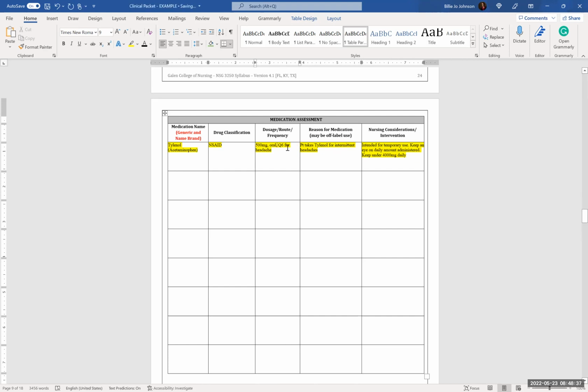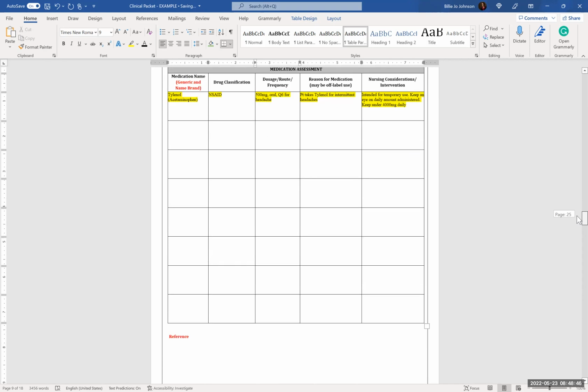There we go. Reason for medication, and it could be an off-label use. Okay, you've learned about the pharmacology or you will, but it could be used off-label. And then nursing considerations or interventions. So what are we concerned about specifically with this medication and this patient you're doing your packet on?